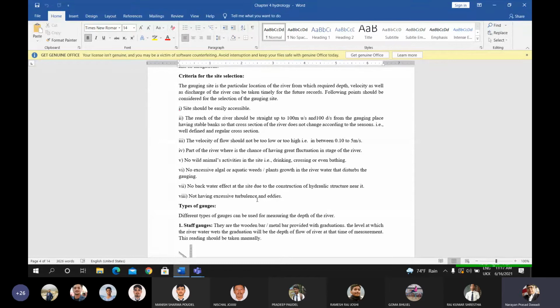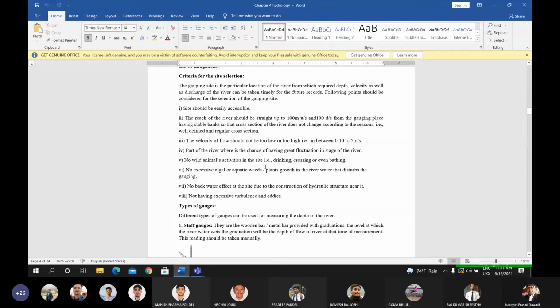The river water depth must change at that place, which is suitable for measuring the river parameters. That great fluctuation site is considered as the gauging site, and there should be no wild animal activities at the site.